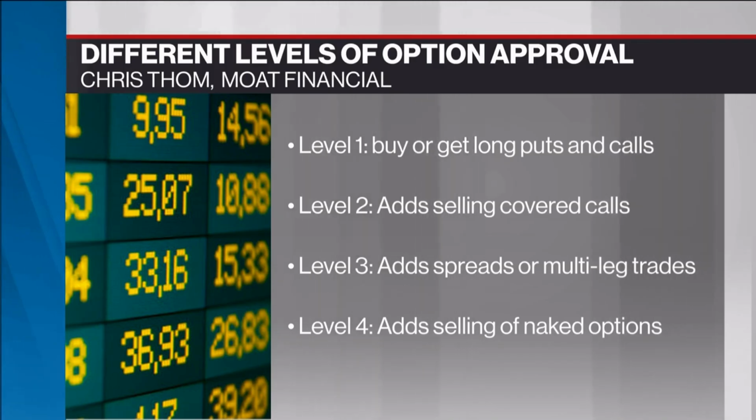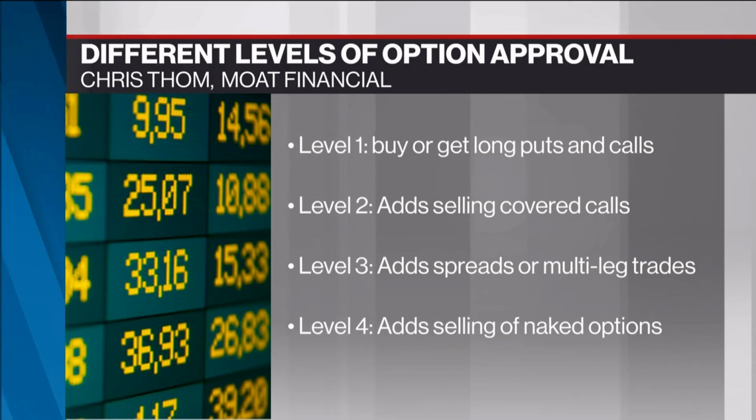The next one will be level 2, and that gives you everything from level 1, where you're buying puts or calls, but it allows you to add covered options. Covered options in this context is typically just covered calls. So what does that mean? We've talked about this a number of times. It means you own stocks and then you sell somebody the right to buy those shares from you at a higher price, and they pay you a premium.